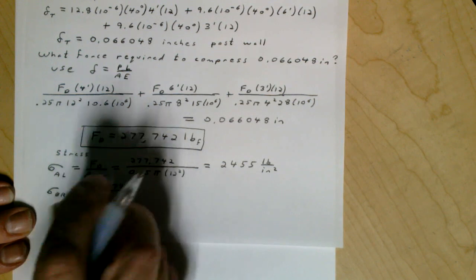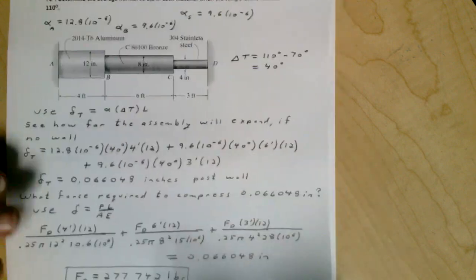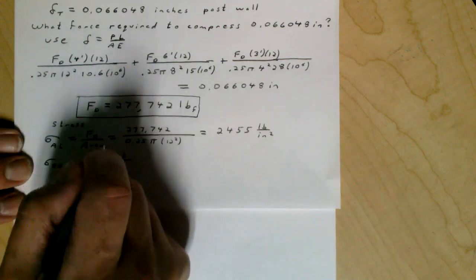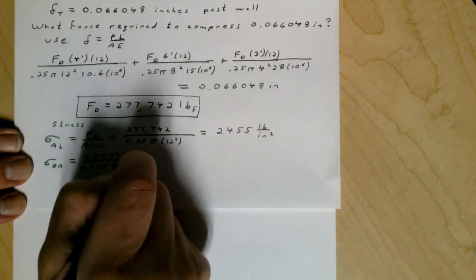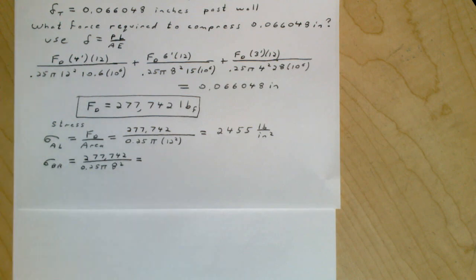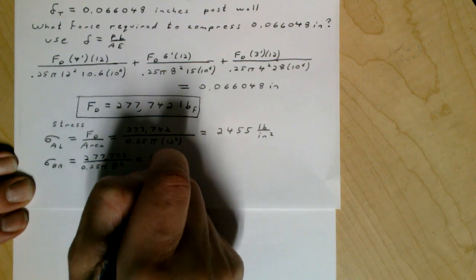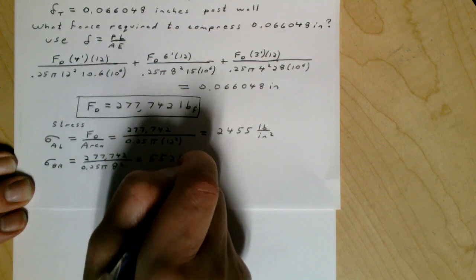Let's see, for the bronze, it's an 8-inch diameter, so that's going to be 8 squared. It'll be 5525.